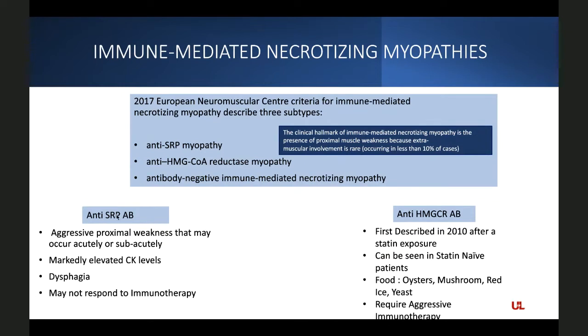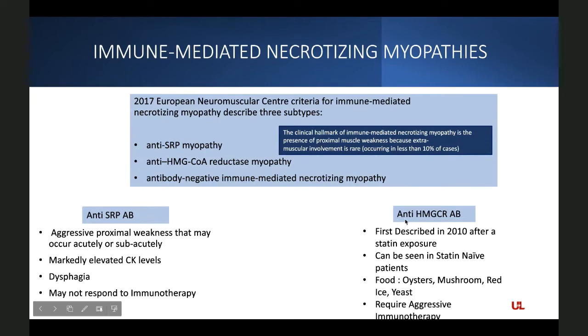For anti-SRP antibodies, it's usually aggressive, and in these patients, the CK level is extremely high compared to dermatomyositis. You can have early onset dysphagia, and these patients may not respond that well to immunotherapy compared to the first two.